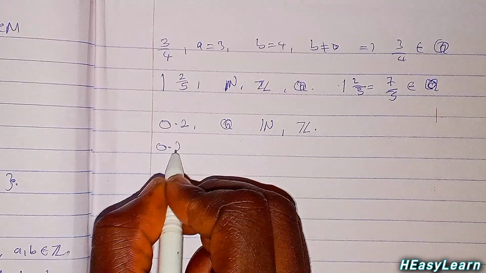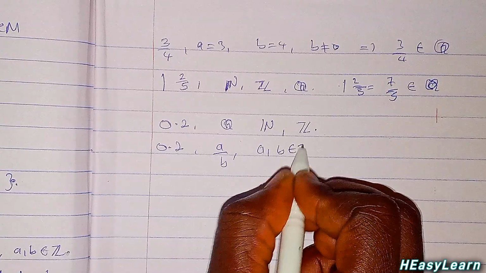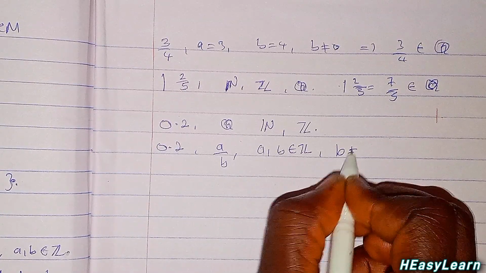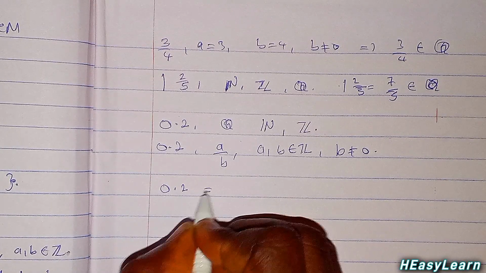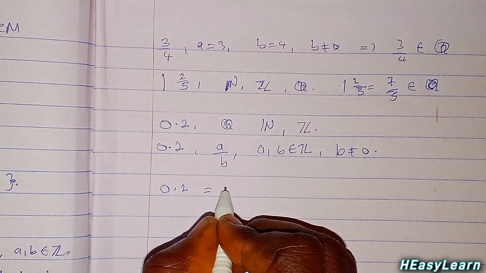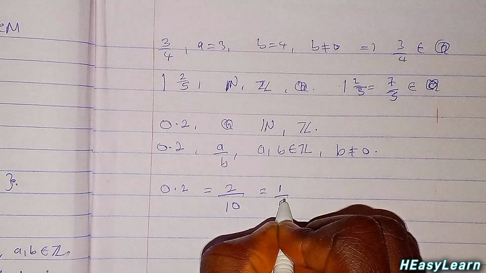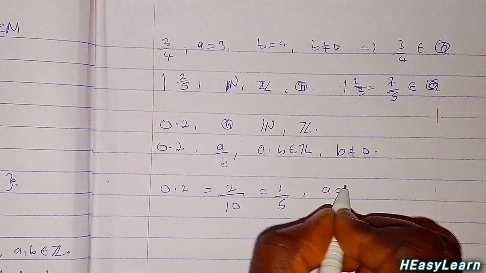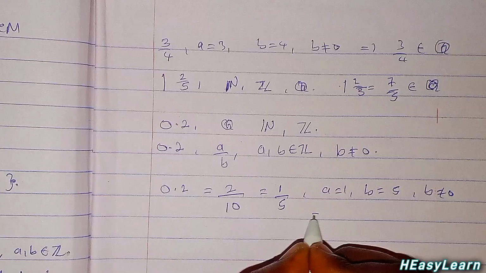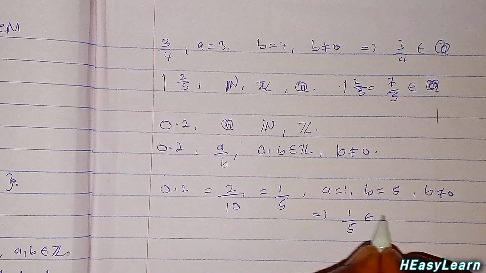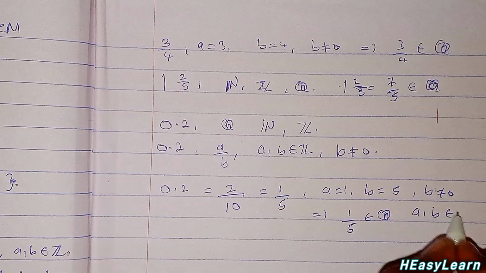So let's check if 0.2 can be written as a over b, for which a, b come from the set of integers and b is not equal to 0. 0.2 is the same thing as, when you shift the point, 2 divided by 10, and this is what? 1 over 5. a equals 1, b equals 5, b is not equal to 0. This implies that 1 over 5 belongs to the set Q, for which a, b are in what?